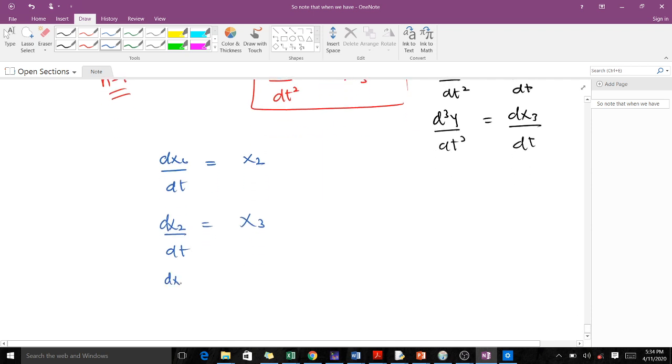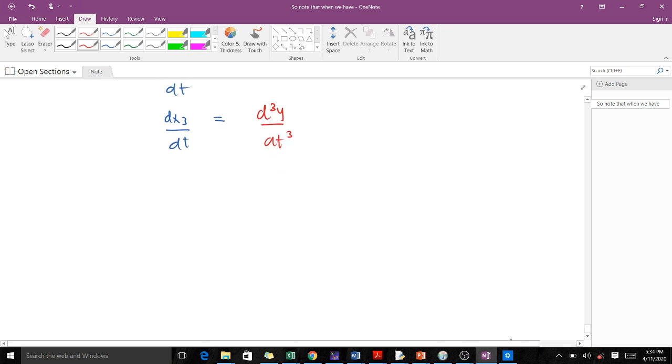And the next one is dx3/dt is equal to d^3y/dt^3. But note that in our question we had d^3y/dt^3 plus (dy/dt)^2 plus 3y equals e^t. So to get d^3y/dt^3 here, you're supposed to make it the subject in our main question.